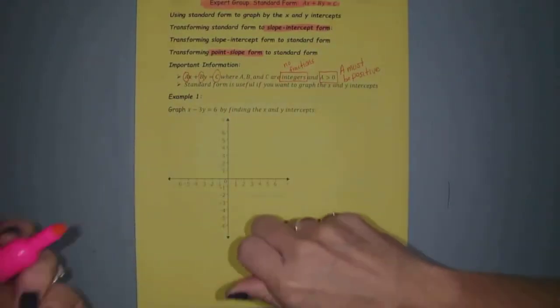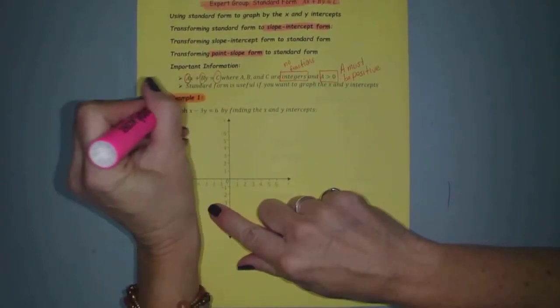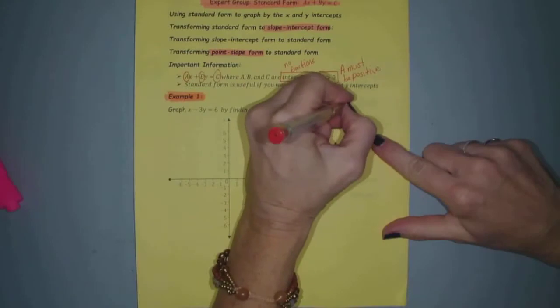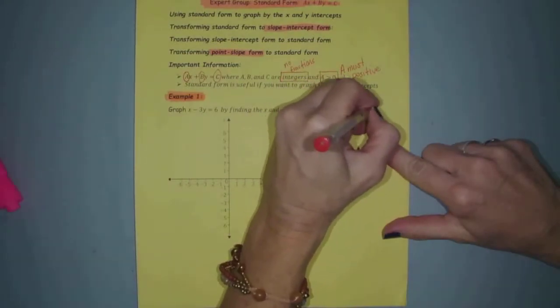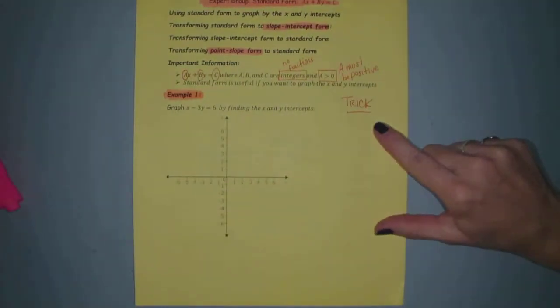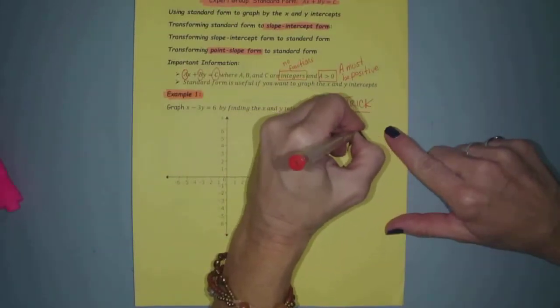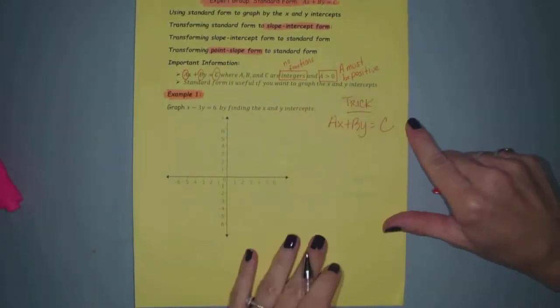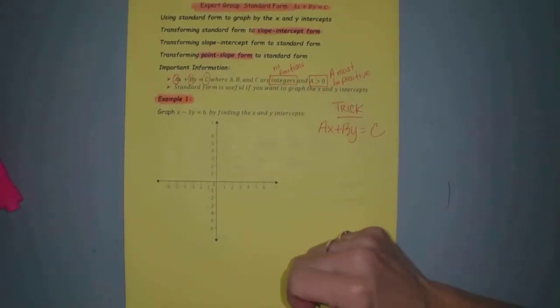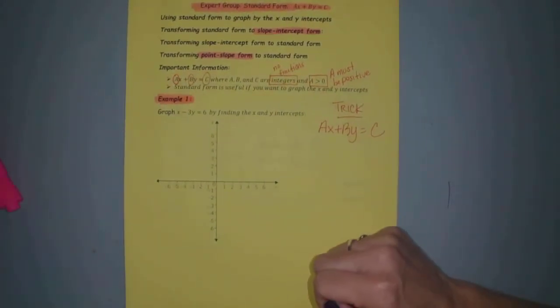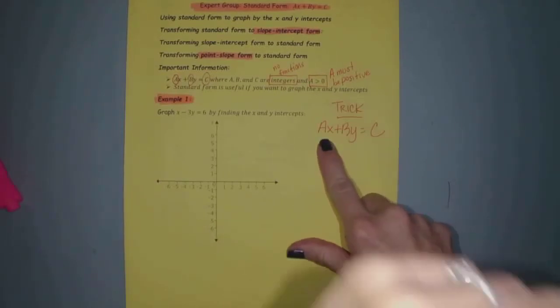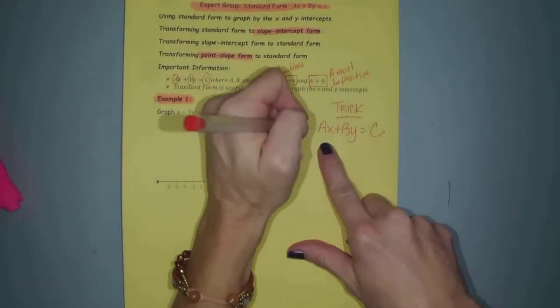So let's take a look at example 1. Oh, one other thing. I want to teach you a little trick to remember AX plus BY equals C. I know a lot of the guys know the line of cologne, the Axe body spray.